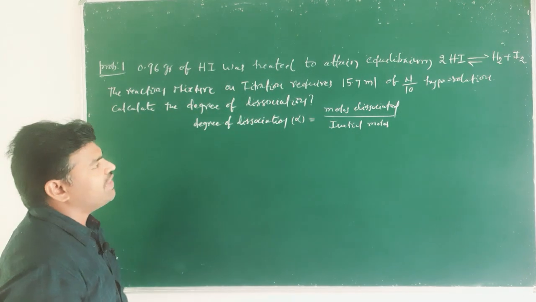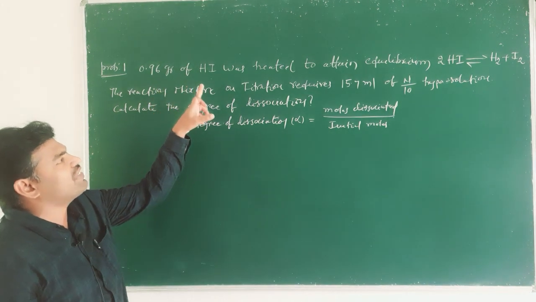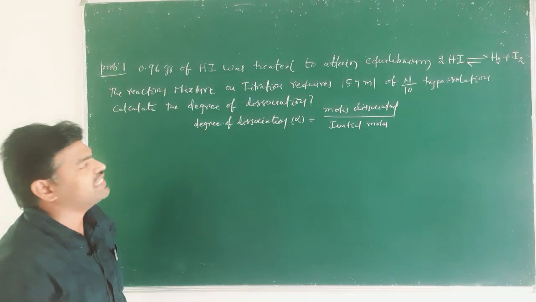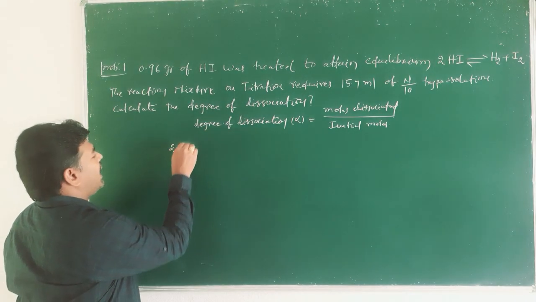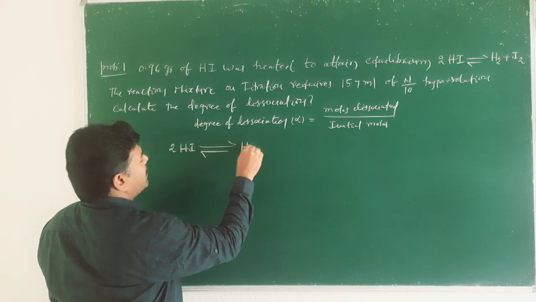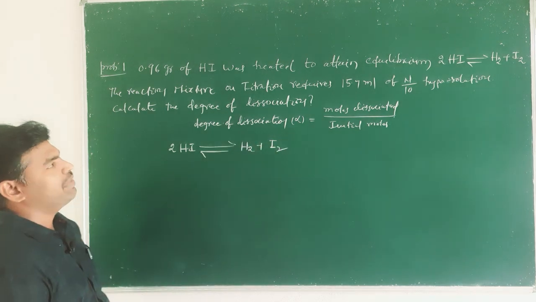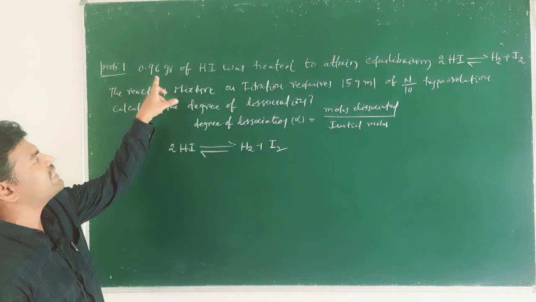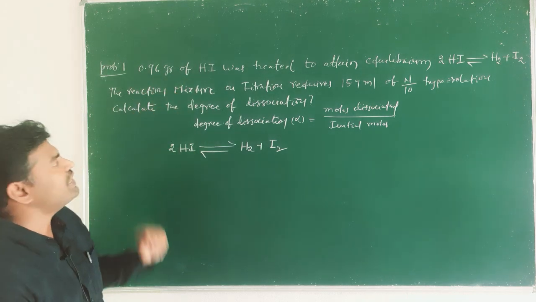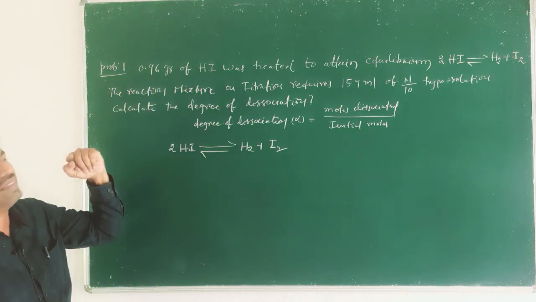First, how can we calculate the moles dissociated and initial moles from the given data? The given data is that 0.96 grams of HI was heated to attain equilibrium, 2HI gives rise to H2 plus I2.